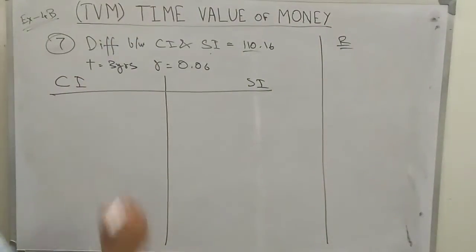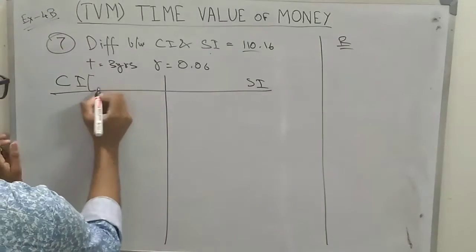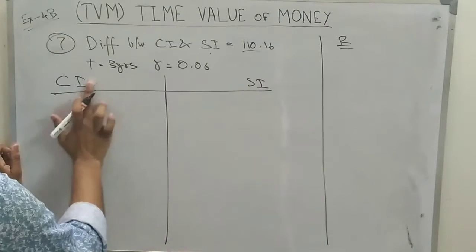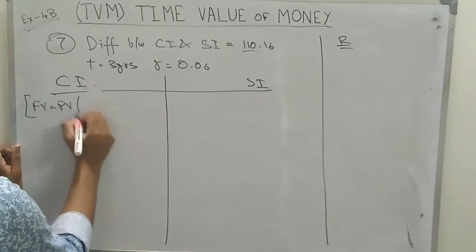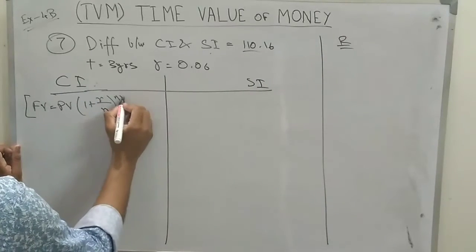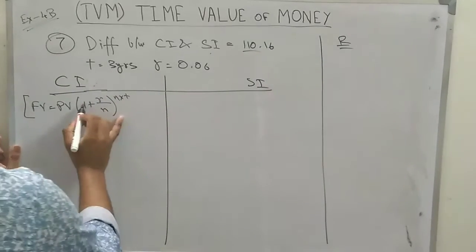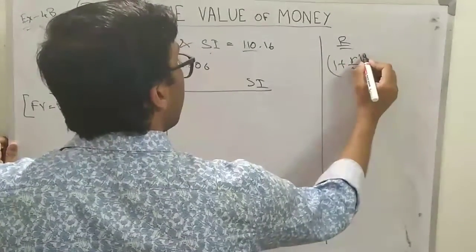The formula for compound interest is FV equal to PV into (1 plus R by N) to the power N into T. We will first calculate (1 plus R by N) to the power N into T.